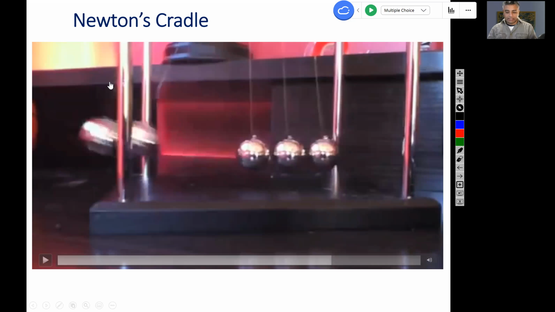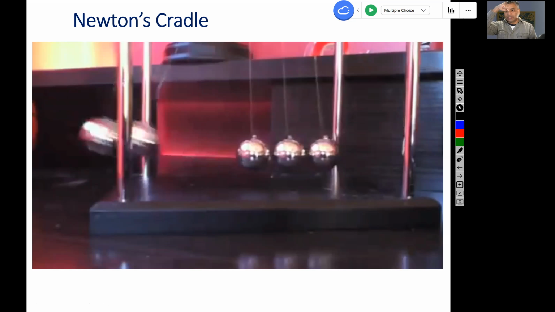So what's happening? This one goes to a higher height, which means it has gravitational potential energy.